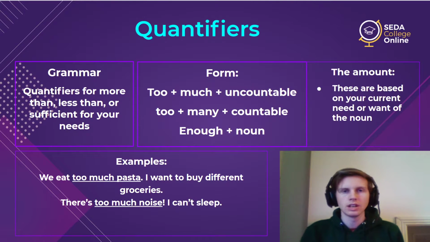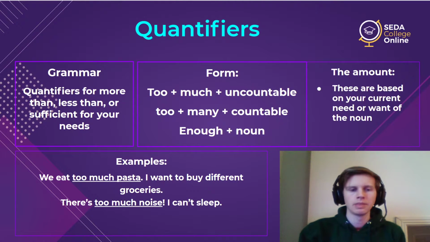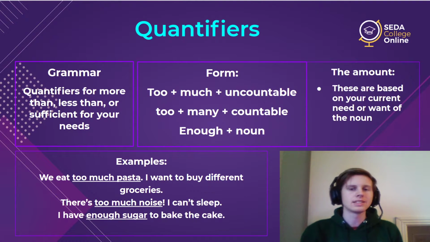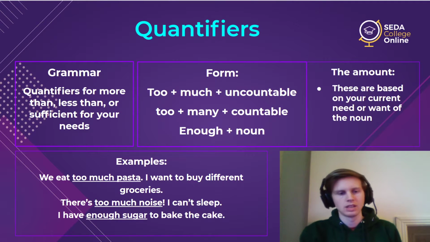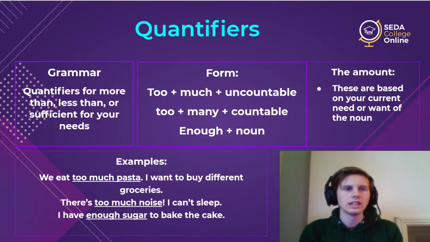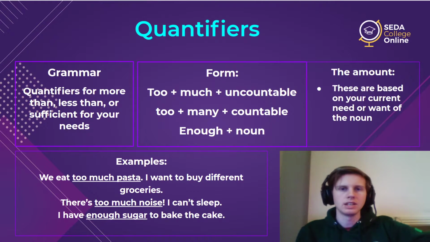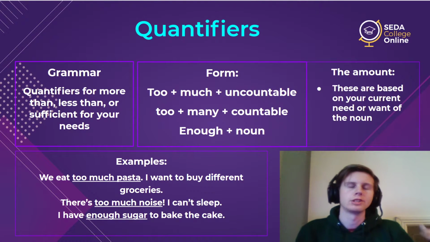So this is, again, your opinion. For me, personally, there's too much noise. I want less noise. Or this is how you can say just enough. So I have enough sugar to bake the cake. This is the idea that you have a sufficient amount. It's not too much. It's not too little. It's the right amount. It's enough. It will accomplish my goal.